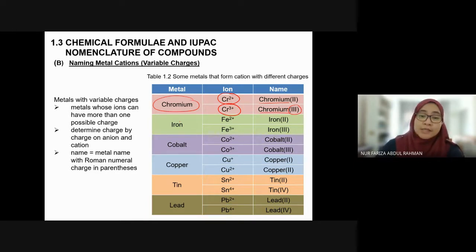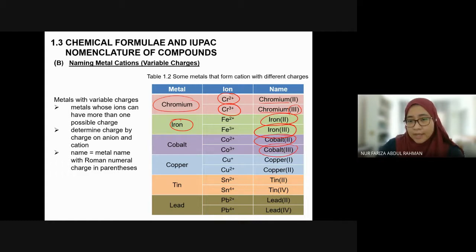The same goes for iron. We have iron 2+ and iron 3+, so to write the name of the metal, it should be iron, bracket 2. Cobalt, we have cobalt 2+ and cobalt 3+; copper, tin, lead, all of these come from the transition metals.